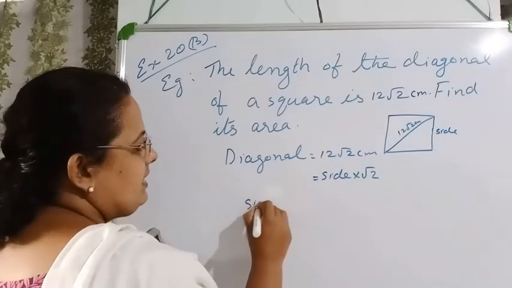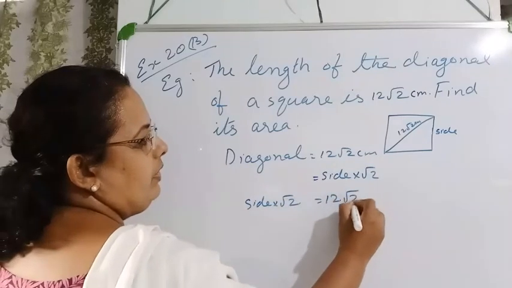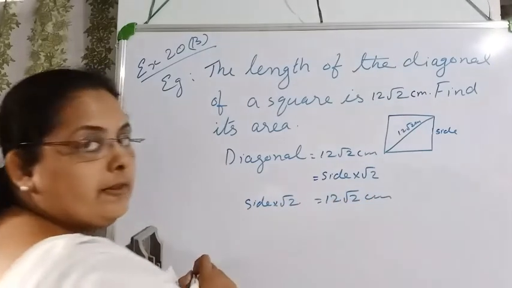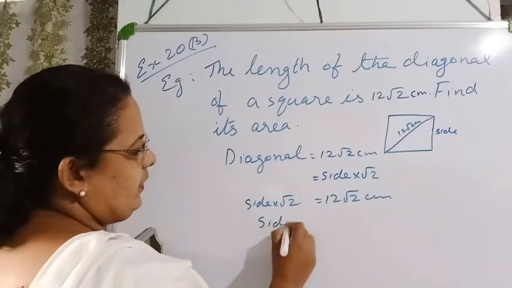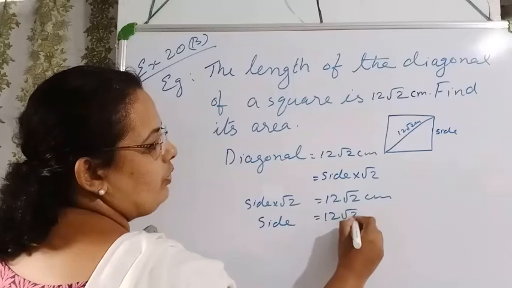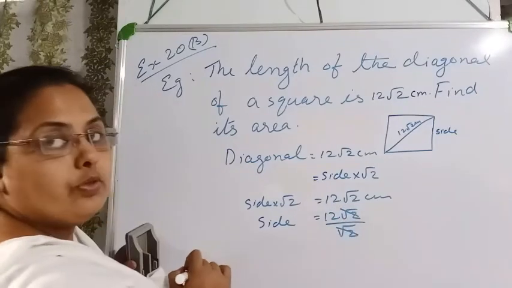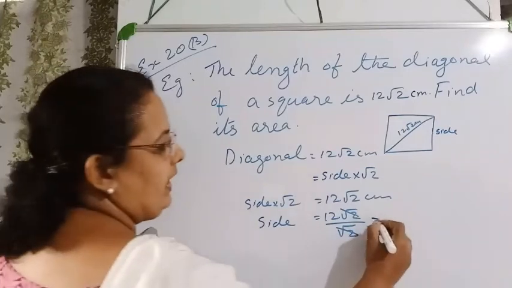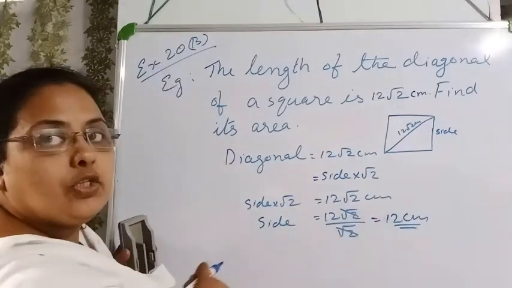That means side into root 2 is equal to 12 root 2 centimeters. Now from this you can find the side. Side is equal to 12 root 2 by root 2. These two root 2's will cancel, so you get 12 centimeters. So the side we got is 12 centimeters.